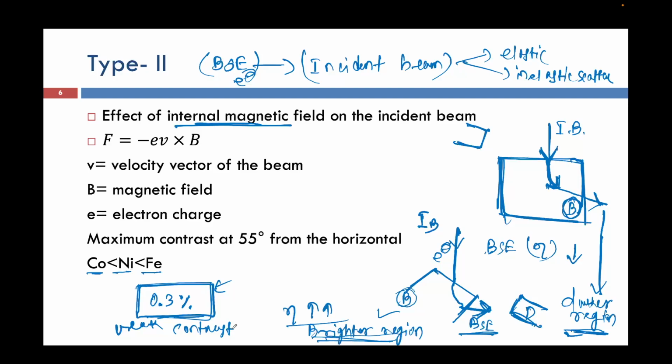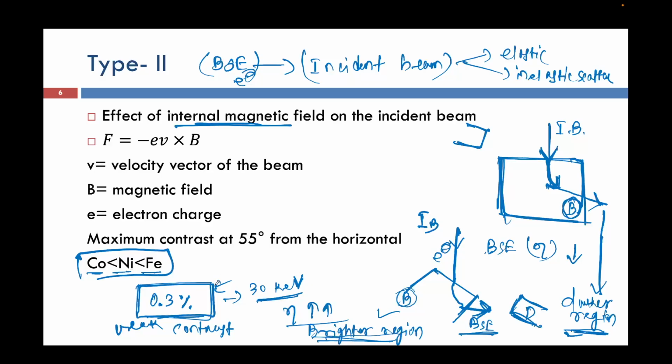This is one of the weakest contrast mechanisms, but it is a special contrast mechanism when we are talking about magnetic materials. And to get this 0.3% contrast, I am talking about 30 kV, that means my voltage is very high, so my energy is also high.